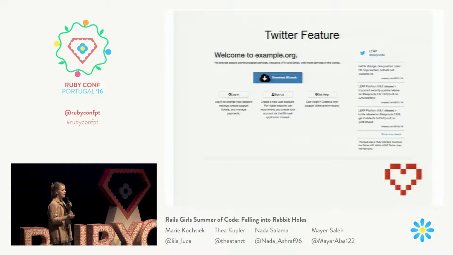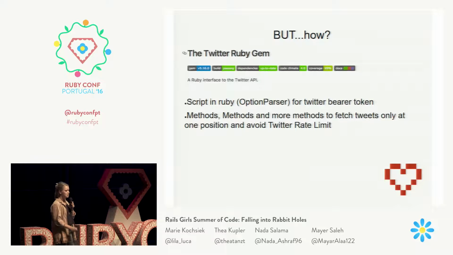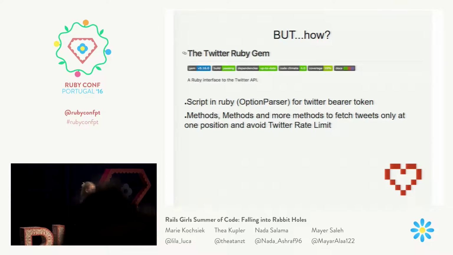So we ended up using the Twitter Ruby gem. We also created a script in Ruby using the option parser, which can be run in the terminal to create the Twitter token to use the application in the end.